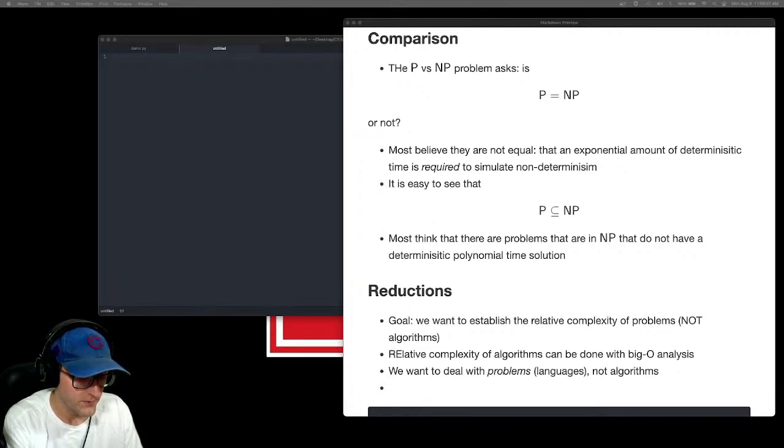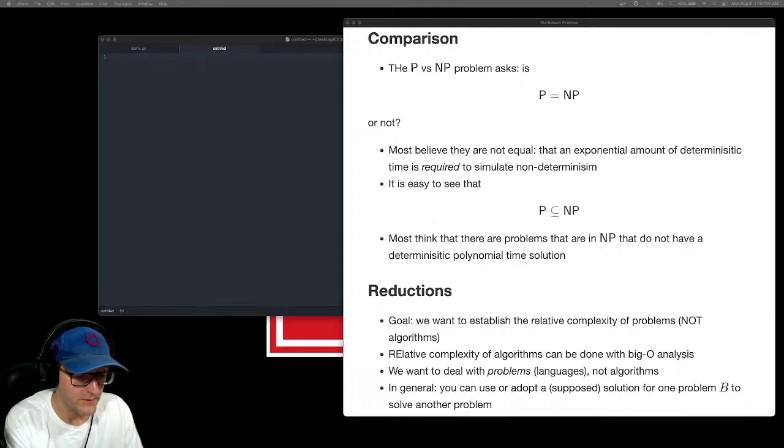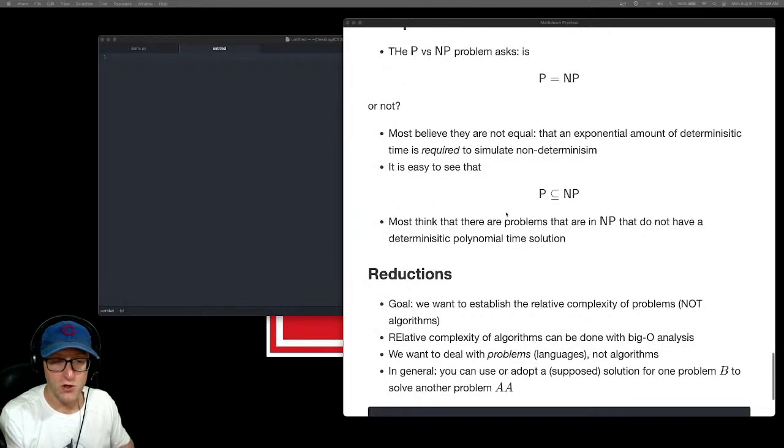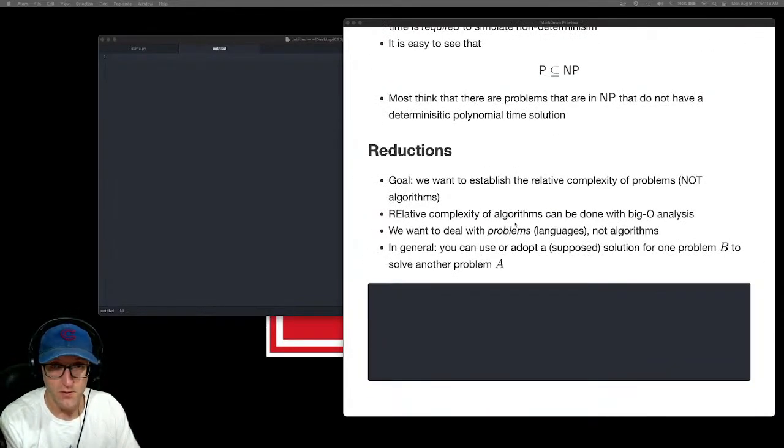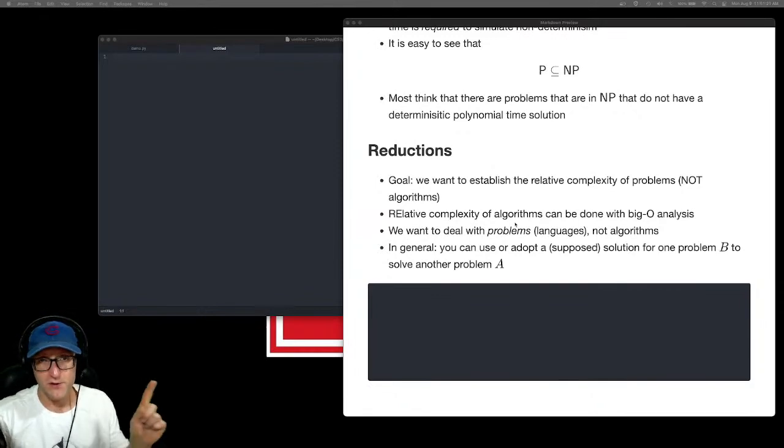In general, you can use or adopt a supposed solution for one problem, B, to solve another problem, A. Now, I'm going to show you this with a concrete example soon, but you do this all the time. I want to solve one problem. I don't know how to solve that problem, at least fully, but I've got this off-the-shelf solution over here.